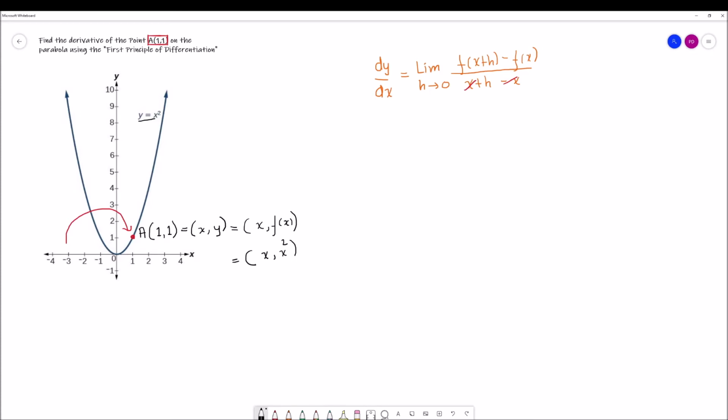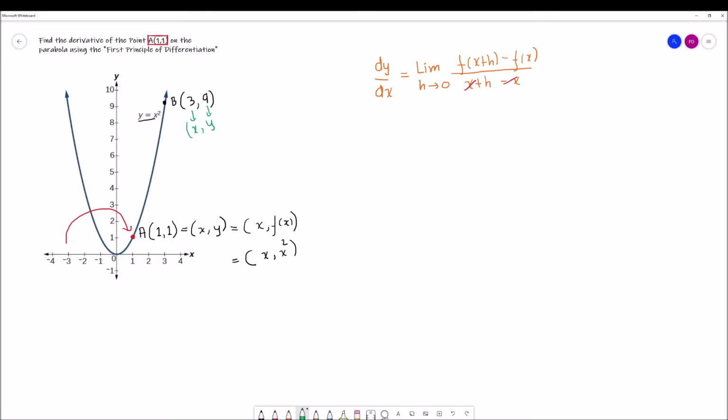Now, the most important thing you need is another coordinate. You can take any coordinate of your own choice, but in my case, I'll go for point B, this point. So let me write point B. At B, x is 3 and y is 9. Okay? So this is the x value and this is the y value.